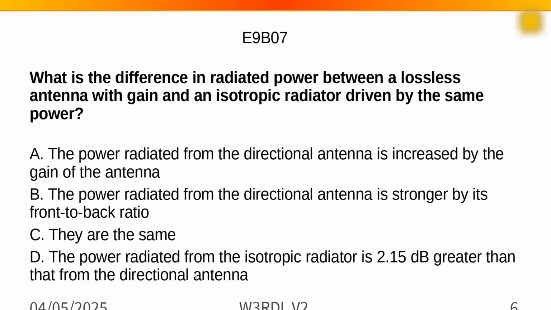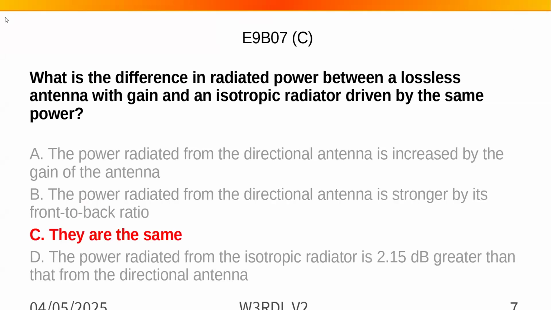How'd I get that up there? So what's the difference in radiated power between a lossless antenna with gain and an isotropic radiator driven by the same power? Yep. Radiated power is the same, doesn't matter.